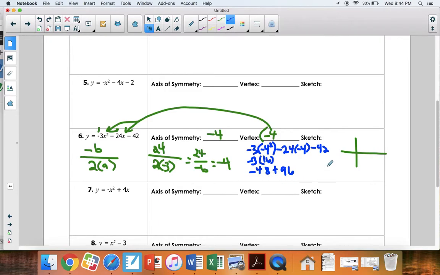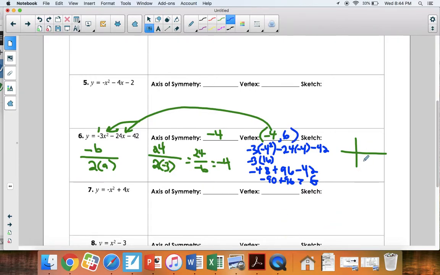That's a negative, sorry. And then this -42 just comes down here. Okay, so now I just simplify 48 and 42, that's 90. -90 plus 96, that gives me positive 6. So we get positive 6 up here.